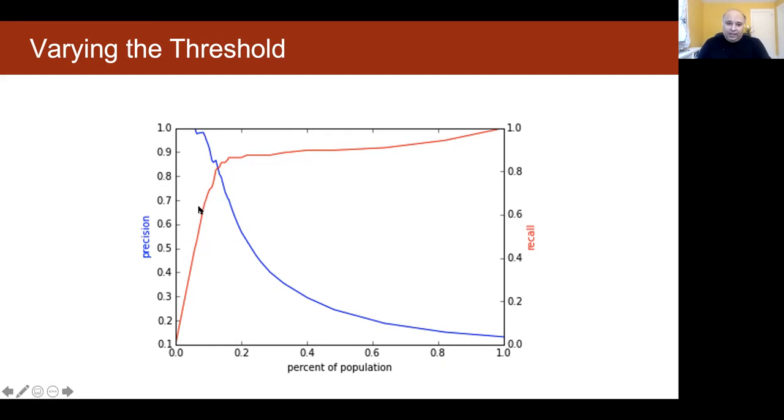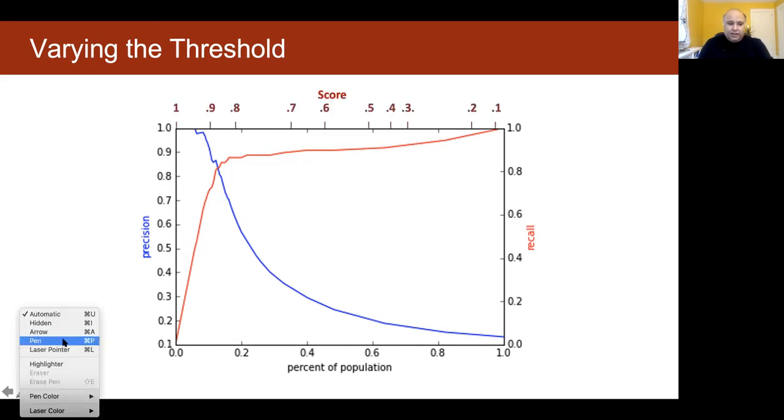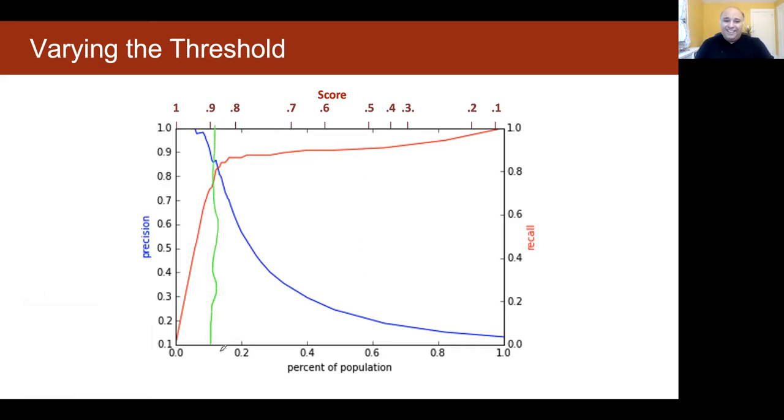And your recall is somewhere about here, right? So here's where we're drawing the line, at about 10%. So let's draw this line. We're going to go to 10% intervention. I'm going to try to draw a straight line, which I can't do.